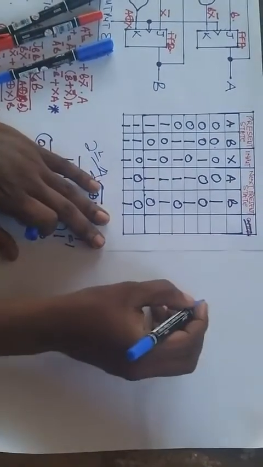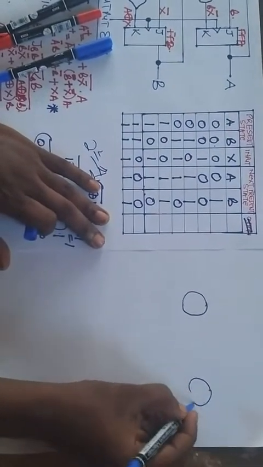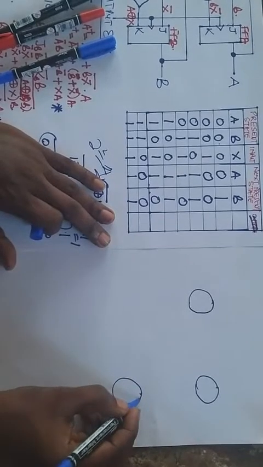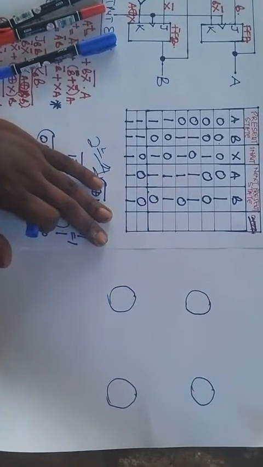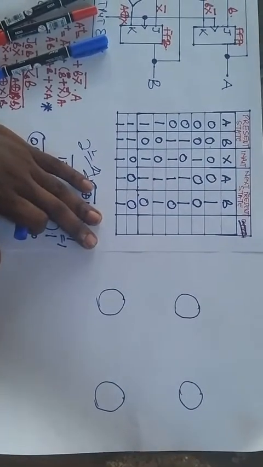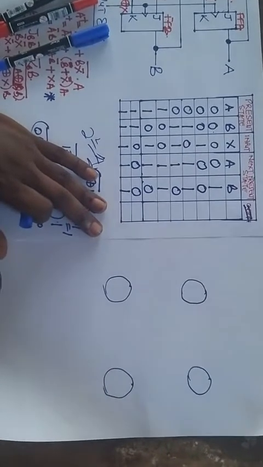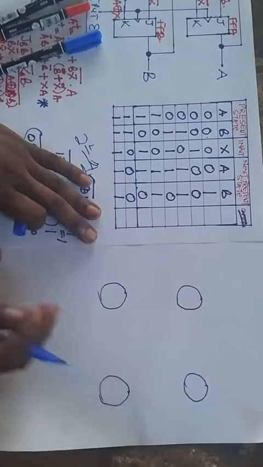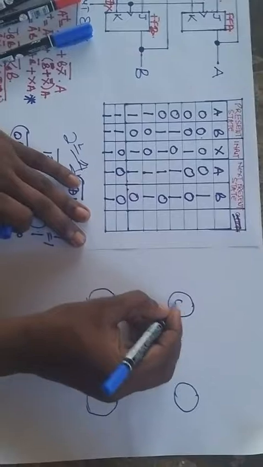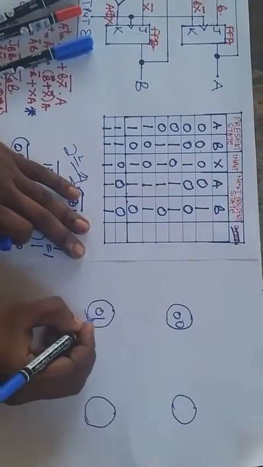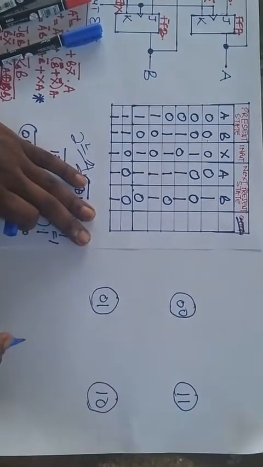So I draw 1, 2, 3, 4. Okay, so let me call this 00. You can position it anyhow, you don't have any problem, right? So 00, 01, 10, 11.